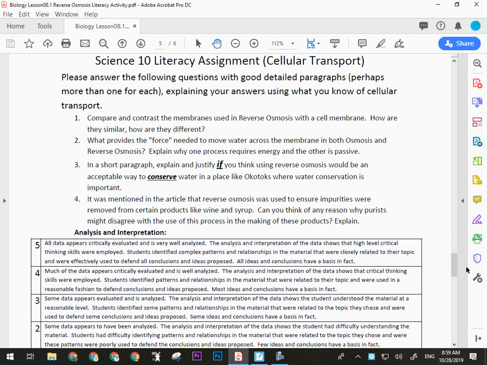For number 4, it was mentioned in the article that reverse osmosis was used to ensure impurities were removed from certain products like wine and syrup. So we already know that reverse osmosis is a way to clean water, but now it's saying it can also be used to clean other things. Can you think of any reason why purists might disagree with the use of this process in the making of these products?